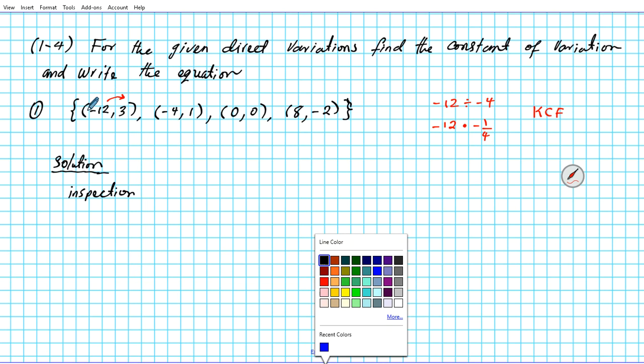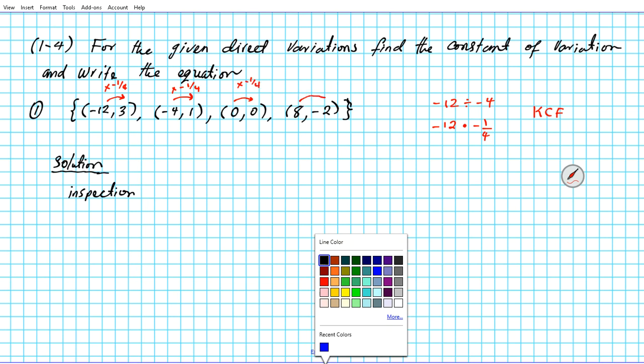Okay, so if you multiply -12 by -1/4, you get 3. If you multiply -4 by -1/4, you get 1. If you multiply 0 by -1/4, you get 0.